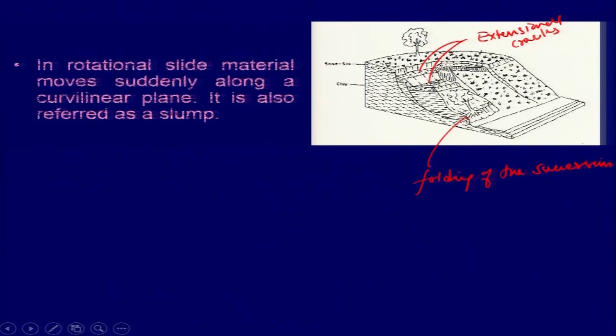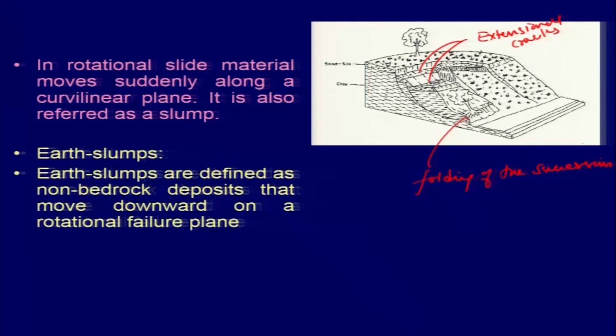or fissures. So, in a rotational slide, material moves suddenly along a curvilinear plane or a spoon shaped plane. It is also referred to as a slump. Slumps are defined as non-bedrock deposits. So, you will not have bedrock that moves downwards along a plane along which the rotation of the material will take place.